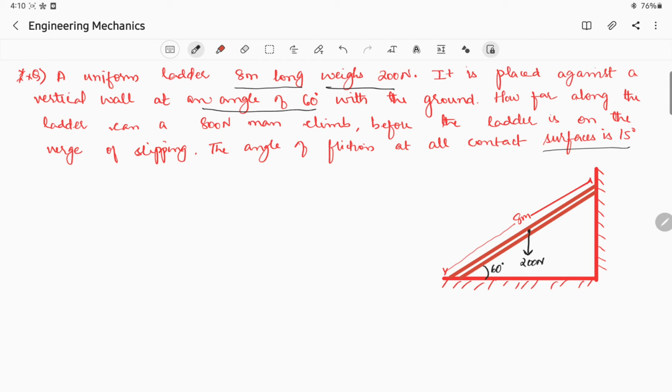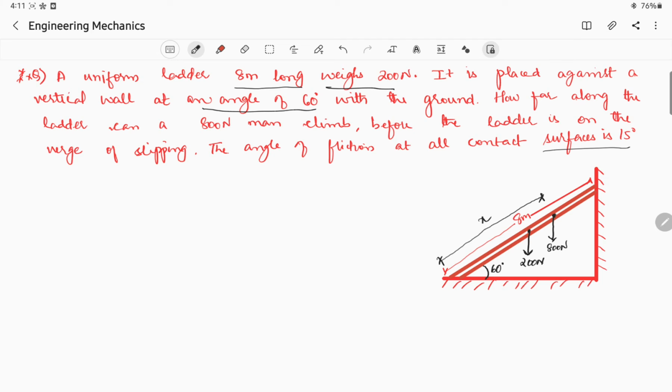We don't know, so let us take a location where a man of 800 Newton is climbing, and let this distance be x. This is a very important problem.